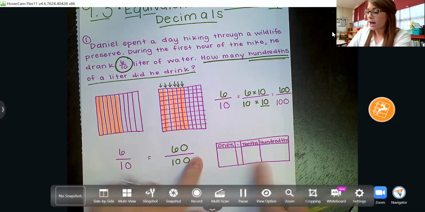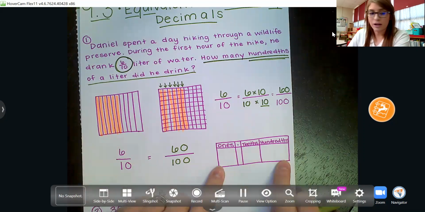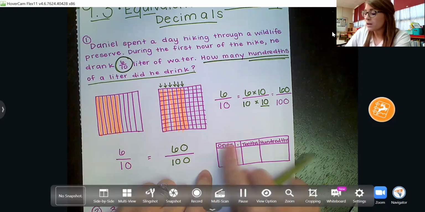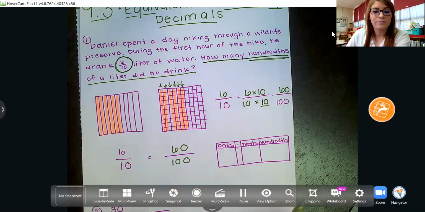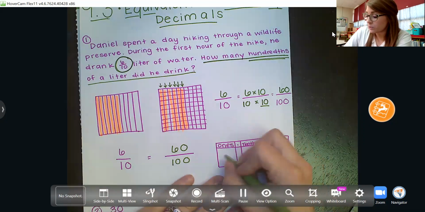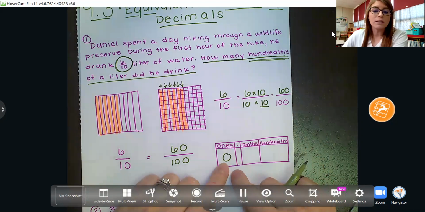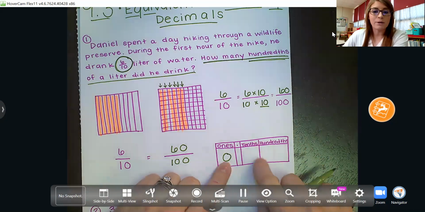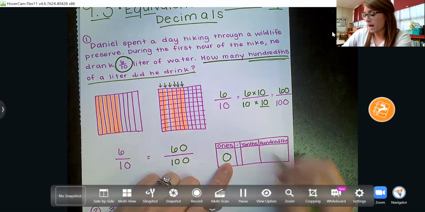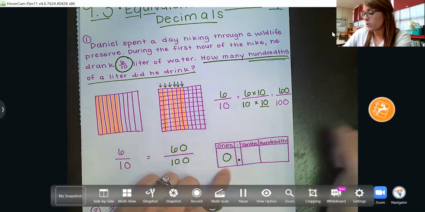So let's look at writing 60 hundredths as a decimal. How many ones do we have? Very good. We have 0, so a 0 would go there. And then what always has to go in between our ones and our tenths? Exactly. A decimal point.